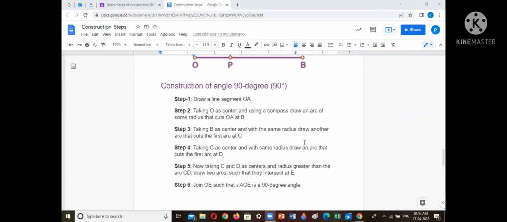Step 2, taking O as center and using a compass, draw an arc of some radius that cuts OA at B. Step 3, taking B as center and with the same radius, draw another arc that cuts the first arc at C. Step 4, taking C as center and with the same radius, draw an arc that cuts the first arc at D. Step 5, now taking C and D as centers and radius greater than the arc CD, draw two arcs such that they intersect at E. Step 6, the final last step, is drawing OE such that angle AOE is a 90-degree angle.